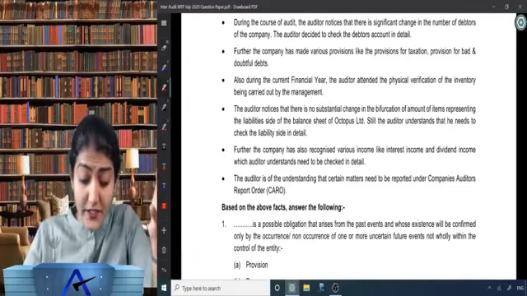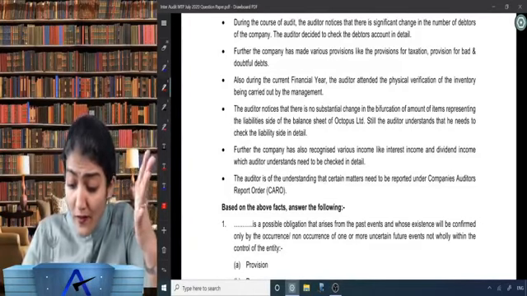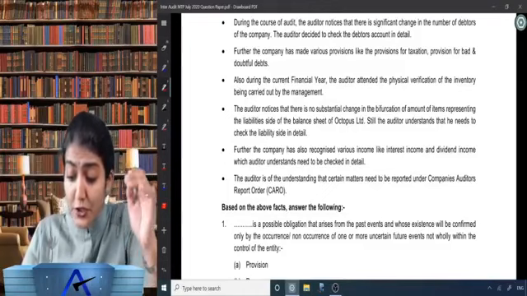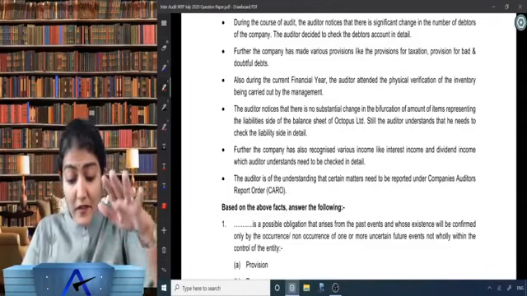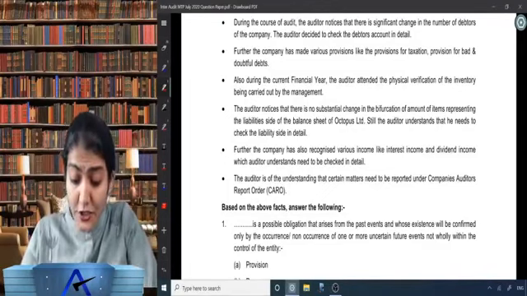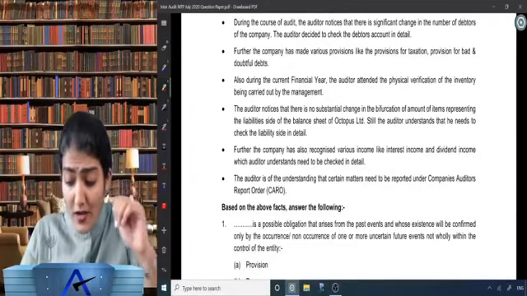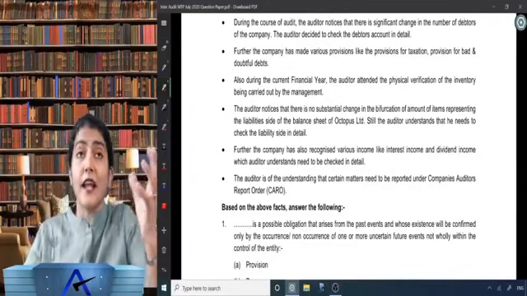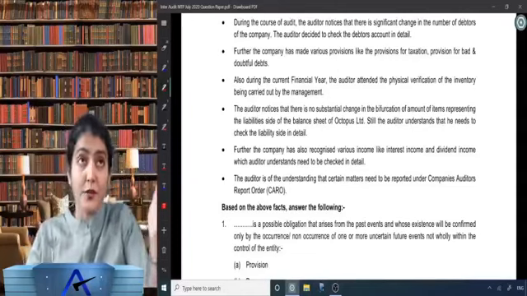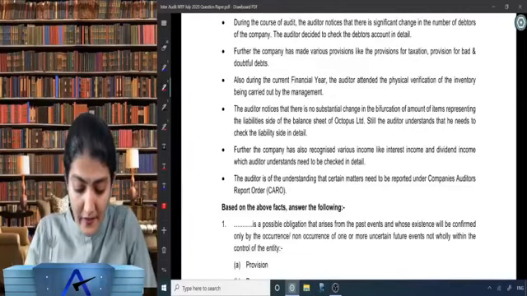The auditor notices that there is no substantial change in the bifurcation of the amount of items representing the liability side of the balance sheet of Octopus Limited. Still, the auditor understands that he needs to check the liability side in detail. You need to check both the asset and liability side.